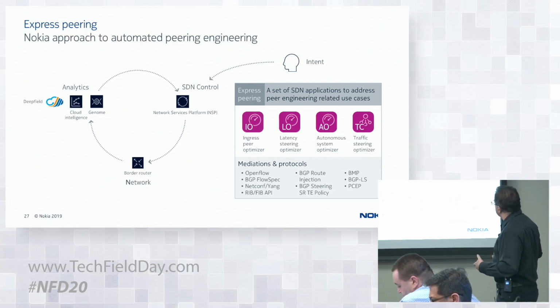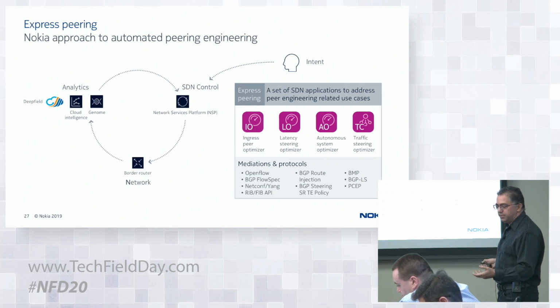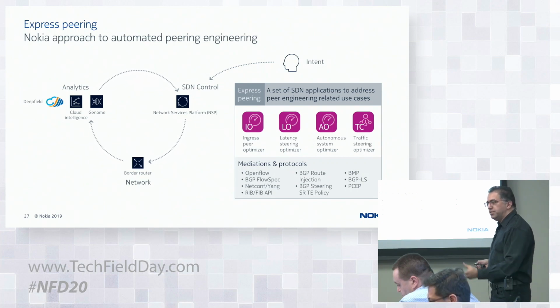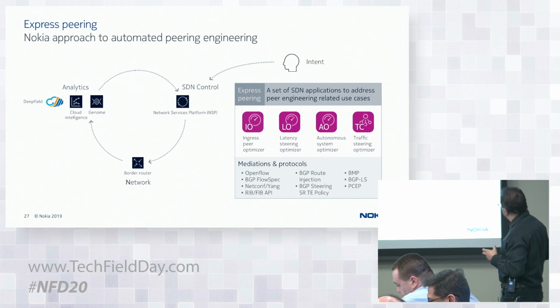We also did what's called the AS optimizer, where we optimize only based on destination AS for traffic coming from a DC to the external network. On the protocol side, we implemented a number of protocols within the app that we call Traffic Steering Optimizer.